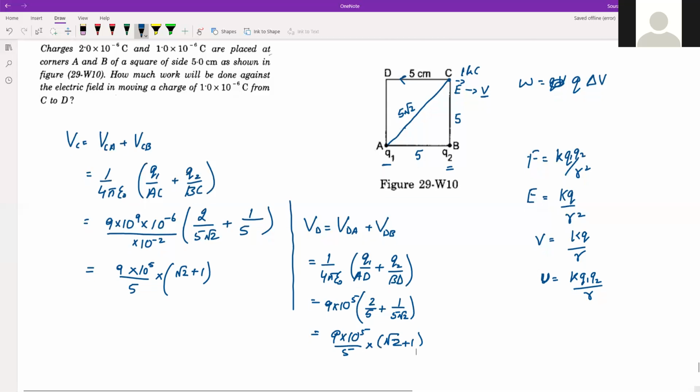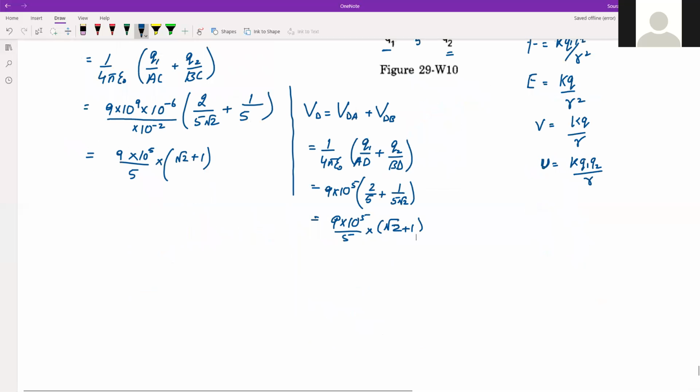So what do we observe here? If I take 5 outside, here it will be 2 plus 1 by root 2.